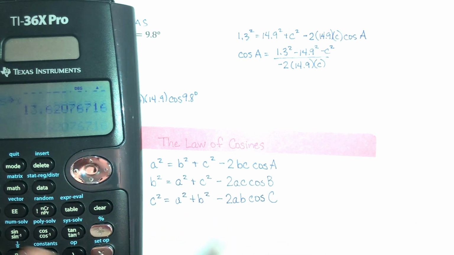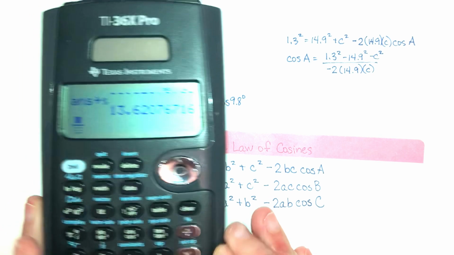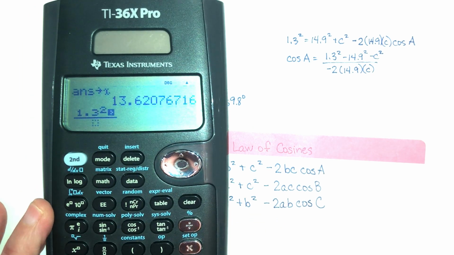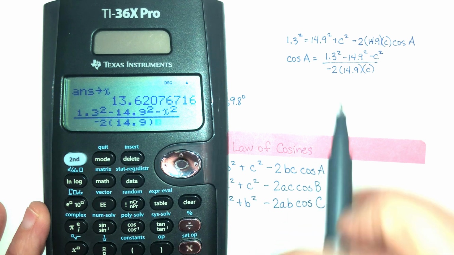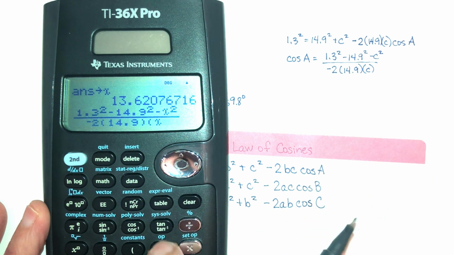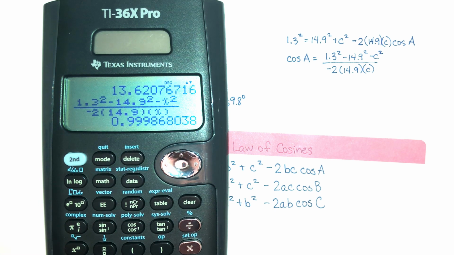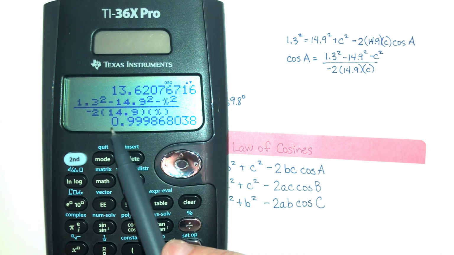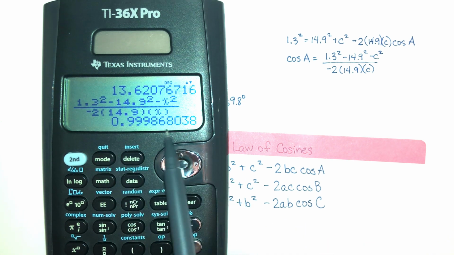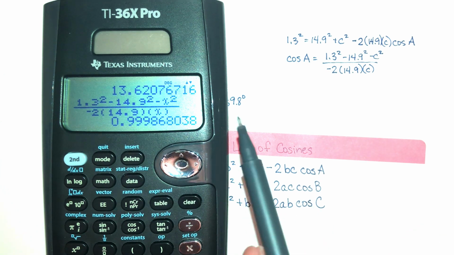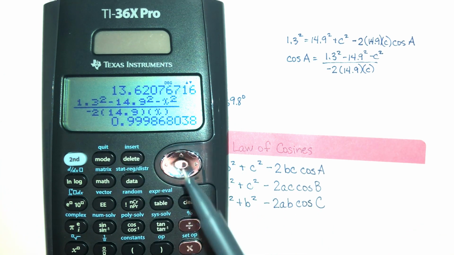And then if I go to my calculator to enter that, I have a fraction, and 1.3 squared minus 14.9 squared minus C squared, I have that as x, divided by negative 2 times 14.9 times C, which I have as x. Okay, so cosine of the angle A is approximately this.